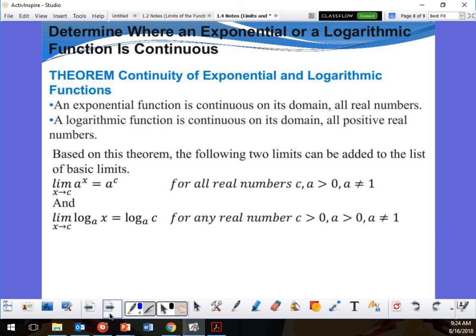Why has it got to be positive? Because the log of a negative number doesn't exist. Don't you get an error?